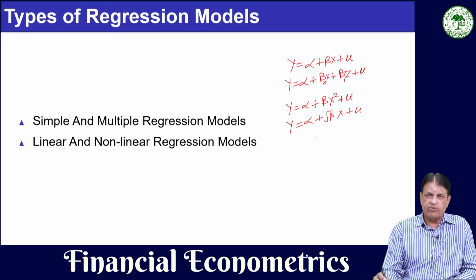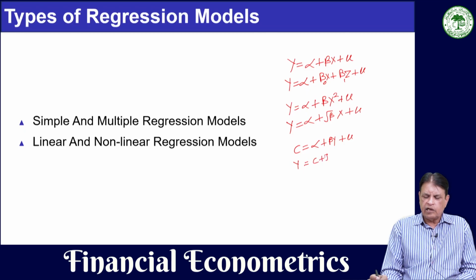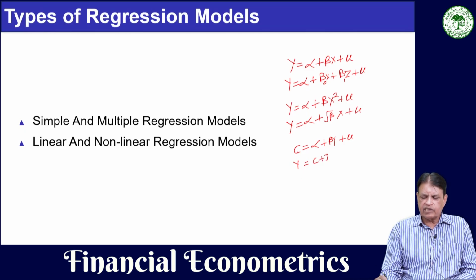For example, I will give you a very simple model like this: C is equal to alpha plus beta y plus u. And y is equal to C plus I. Now here we see in the first equation y is an independent variable, and in the second equation y is a dependent variable.